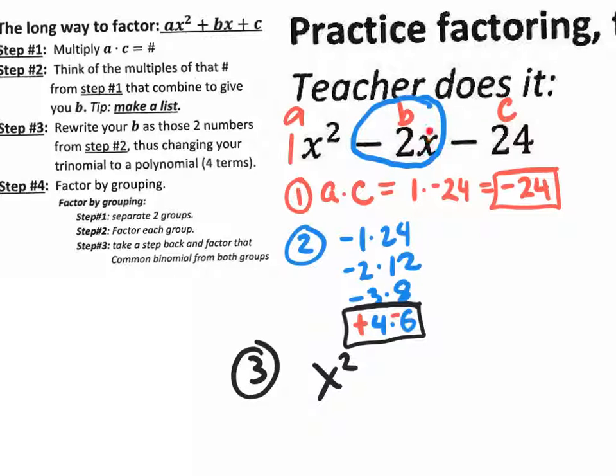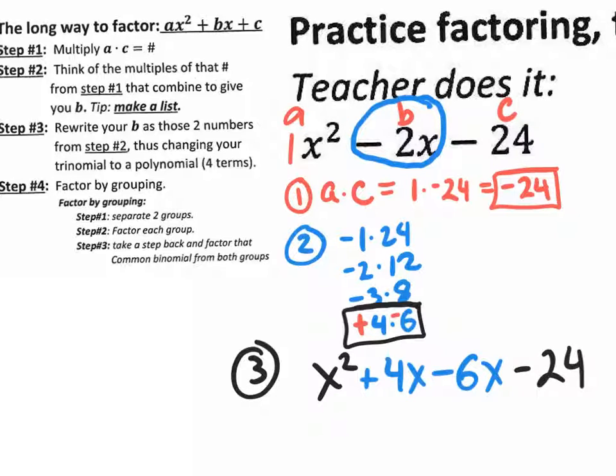Instead of the b value of -2x, I'm going to rewrite that -2x as a +4x minus 6x. Once again, instead of -2x, I'm going to rewrite it as +4x minus 6x. Guys, if I add 4x and -6x, what do I get? -2x. So I'm really not doing anything besides changing this into this, which is the same thing. And I still have my c value of -24. I need to write that right there.